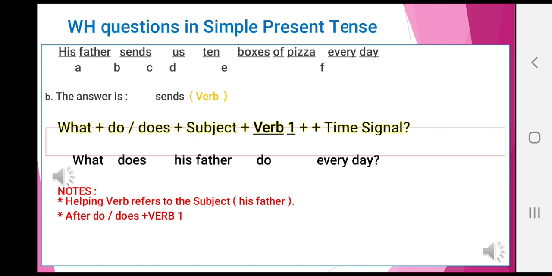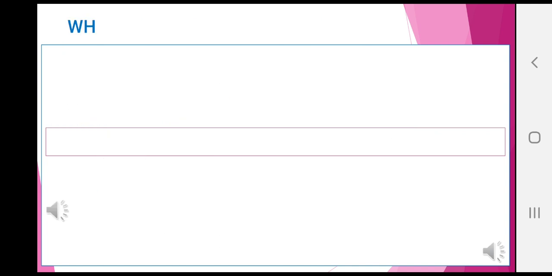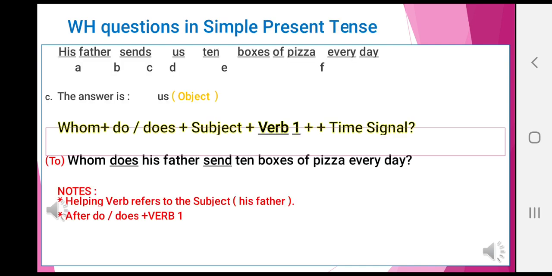Okay, now, how about if the answer is the object? The object is "us". This is the subject, this is the verb, and this is the object.